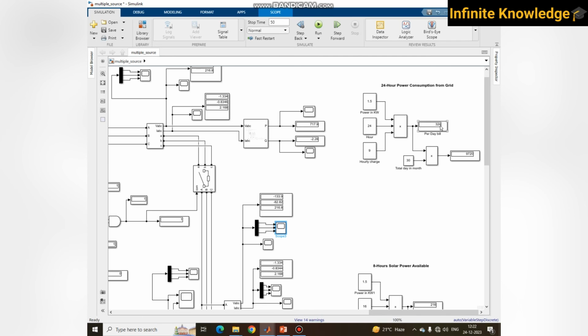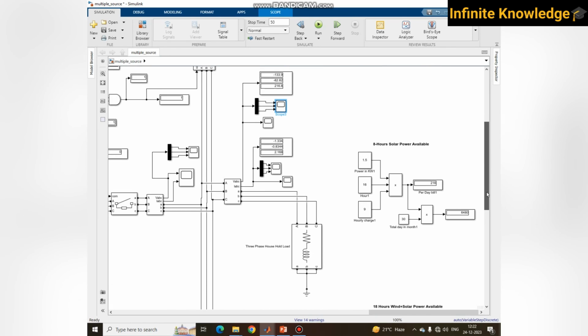So your per day bill is 324 rupees for a 1.5 kilowatt load, and that is a constant load. If you use it for 30 days, your monthly bill for this specific load that is continuously running is 9720. 10,000 rupees is your monthly bill.